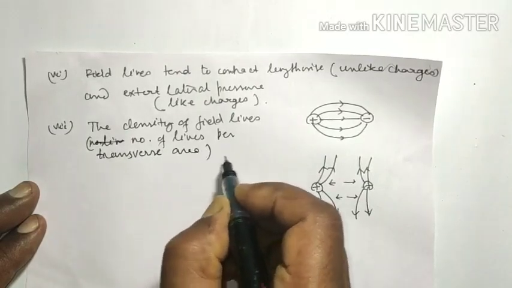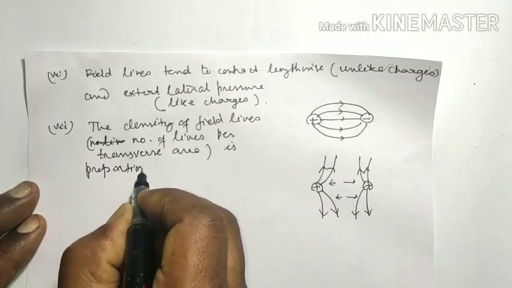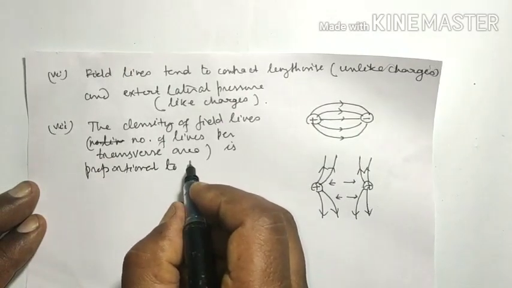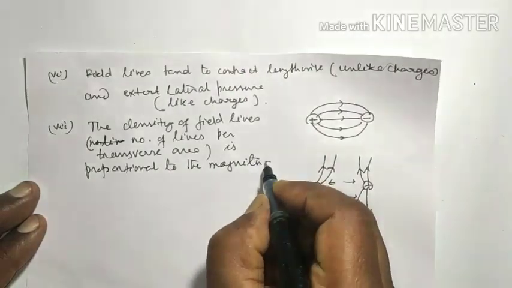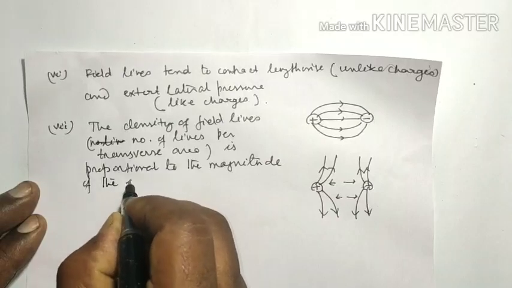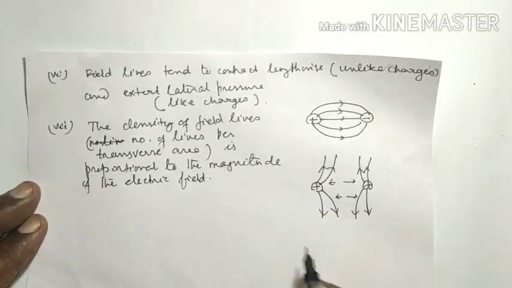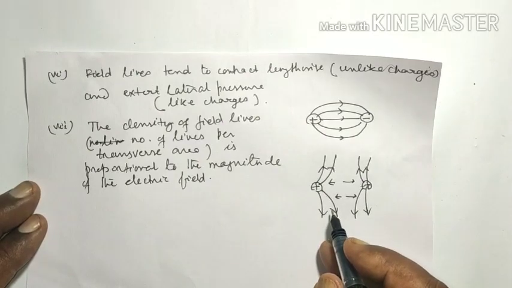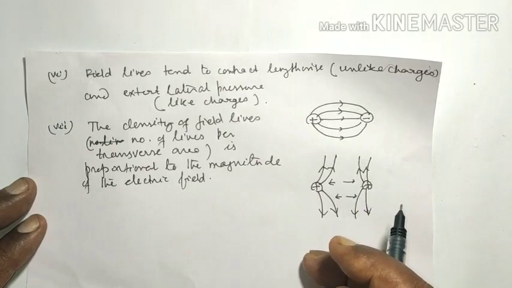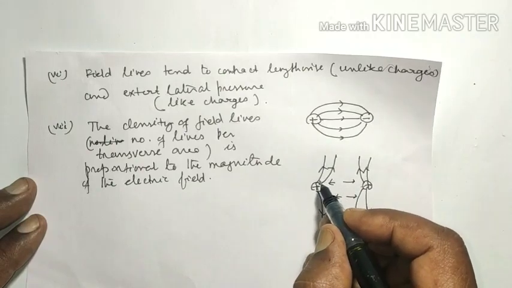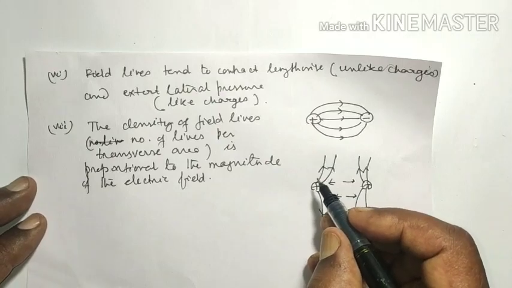The density of field lines is proportional to the magnitude of the electric field. The field may be strong or weak. The field is strong where the lines are close together, and weak where the lines are far apart.